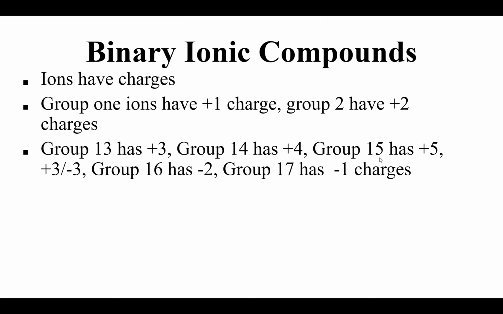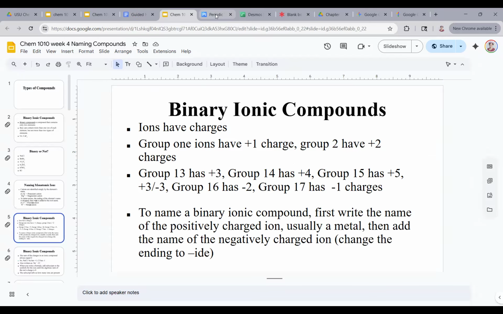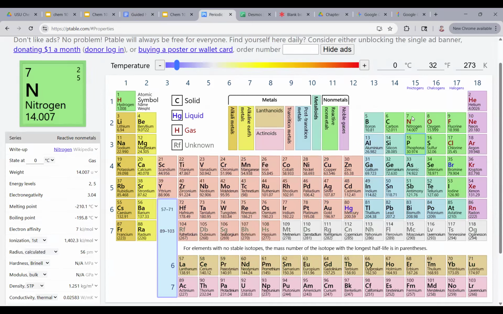Group 15, depending on the element, it could have +5, +3, or -3. We're going to be looking at these elements primarily. We're not going to be looking at antimony, arsenic, and bismuth. We're going to stick to nitrogen and phosphorus, which will give us the -3. But just so you know, these are possibilities for group 15 because you have a mix of elements.